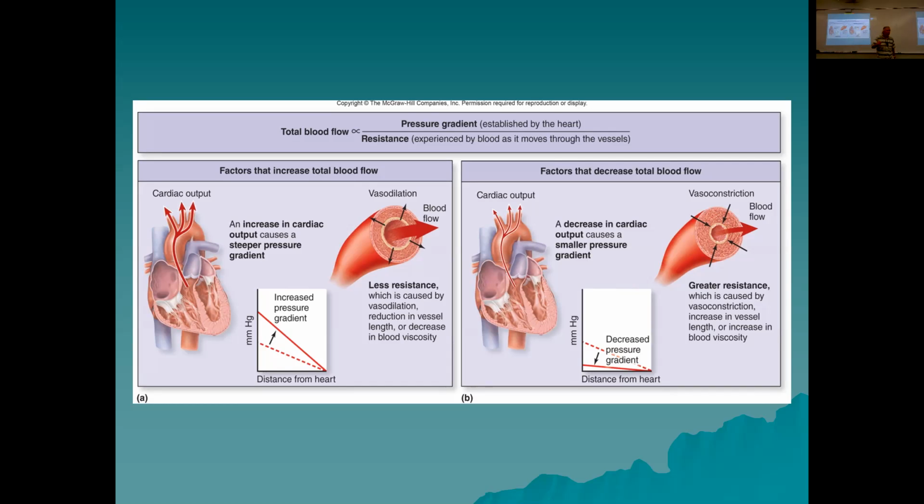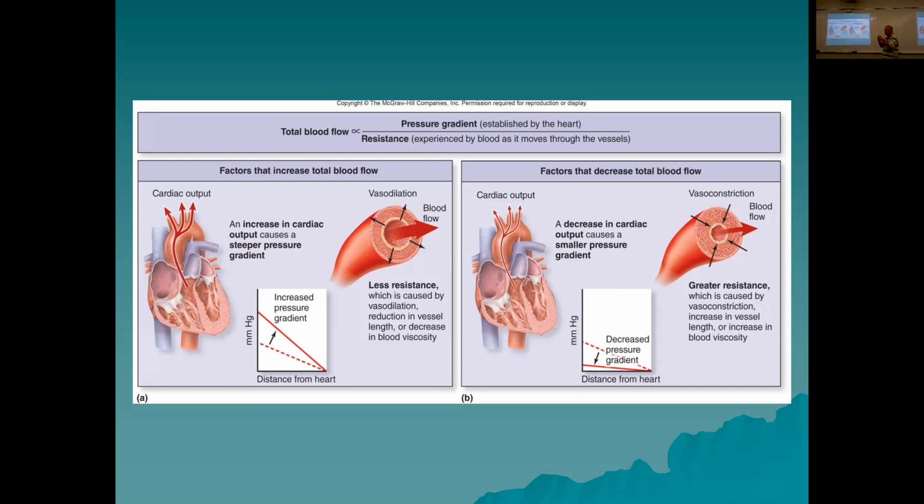So there's a direct relationship between the pressure gradient, between the pressure at this part of the blood vessel and blood pressure at this part. So the higher the pressure gradient, the more flow. Resistance is in the denominator, so it's an inverse relationship. The greater the resistance to flow, the less the blood flow.